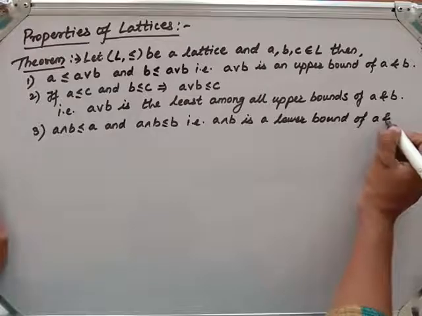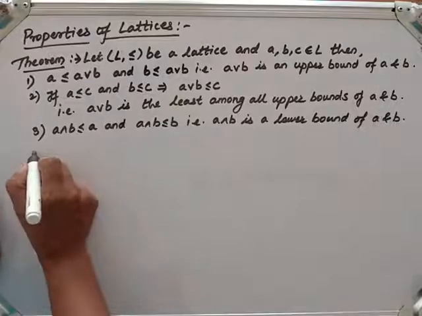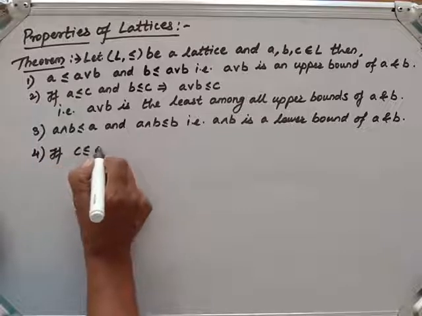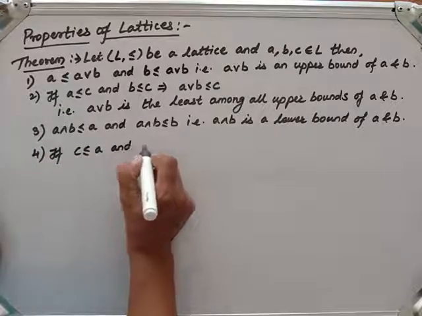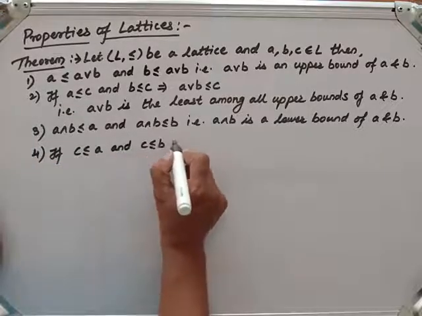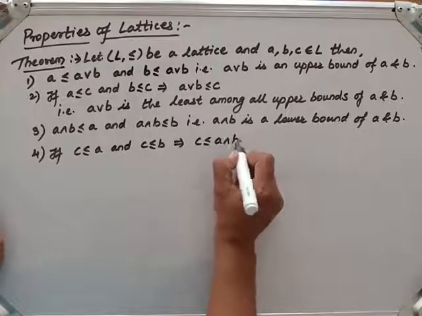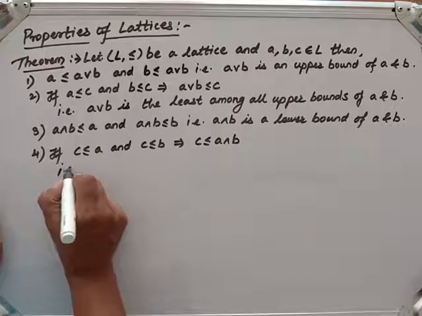Then the fourth one: if C is related to A and C is related to B, then C is related to A meet B. So what does it say?